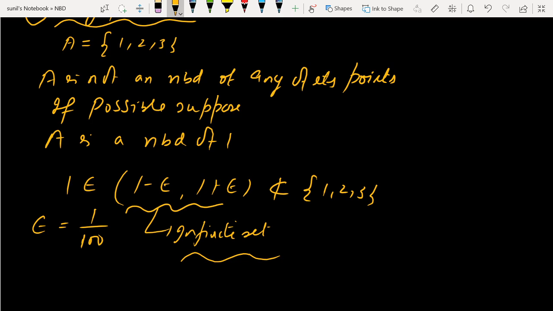Now the next question arises, friends: what type of set can we say is a neighborhood of each of its points? It is a very important question to know what type of set we should consider.